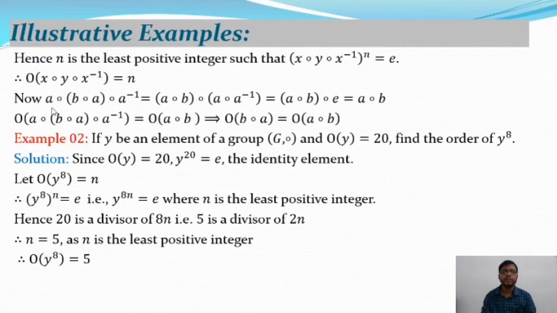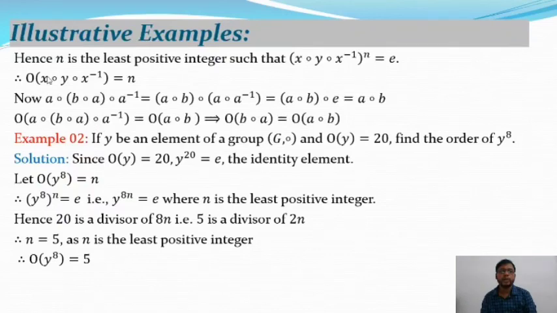Therefore the order of A composition B composition A inverse is equal to the order of A composition B. Now taking order on both sides, this implies the order of A composition B composition A inverse is equal to the order of B composition A, by the previous property of the order of a group. What is the previous property?